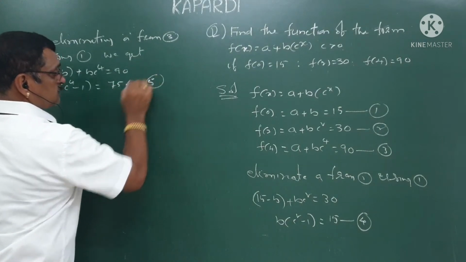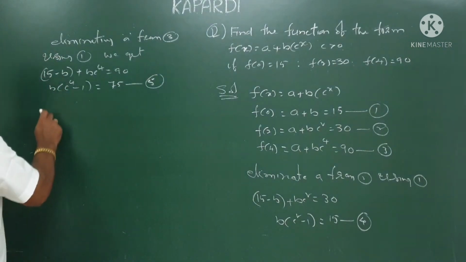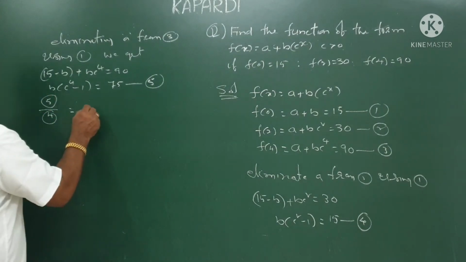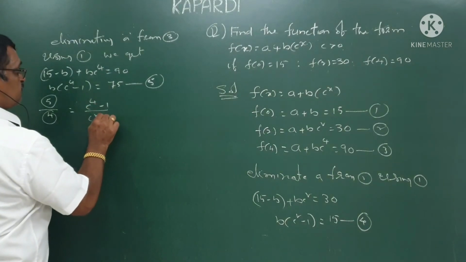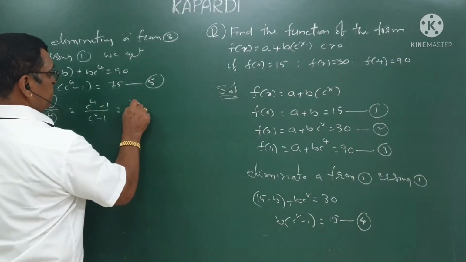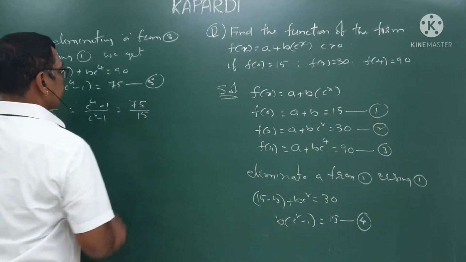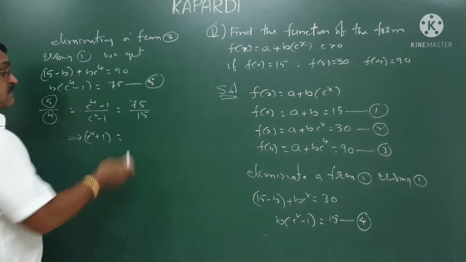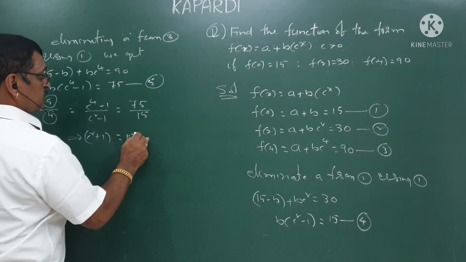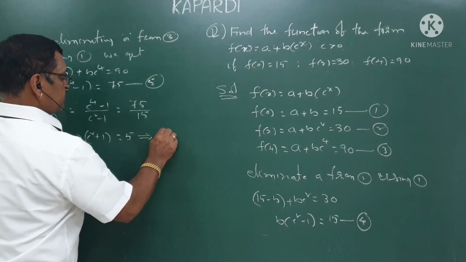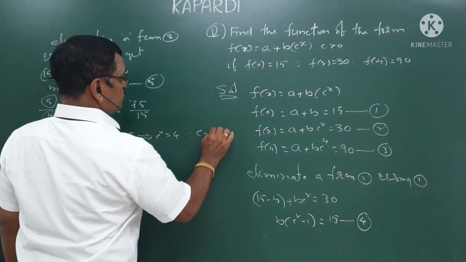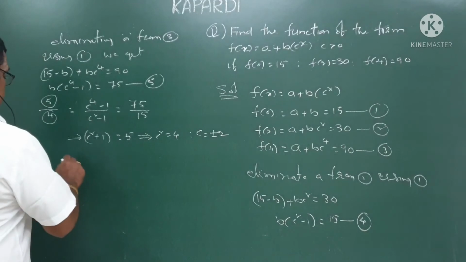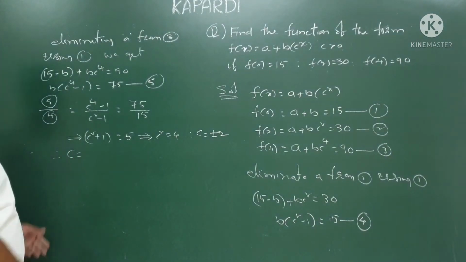Number 5. Now what I do, very simple, 5 divided by 4. So we get c power 4 minus 1 by c square minus 1 is equal to 75 by 15, or I can have c square plus 1 is equal to 75 by 15 is equal to 5, implies c square is equal to 4, implies c is equal to plus or minus 2, but c is greater than 0, so we take c is equal to 2.